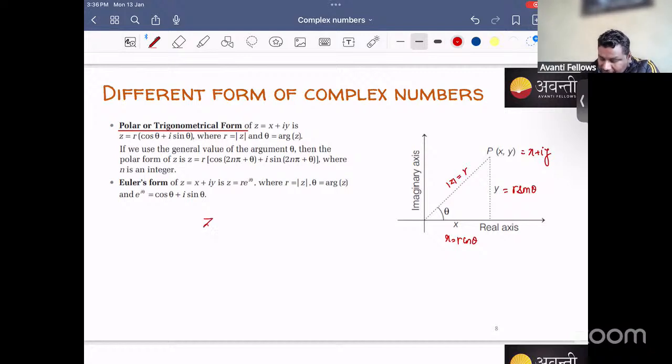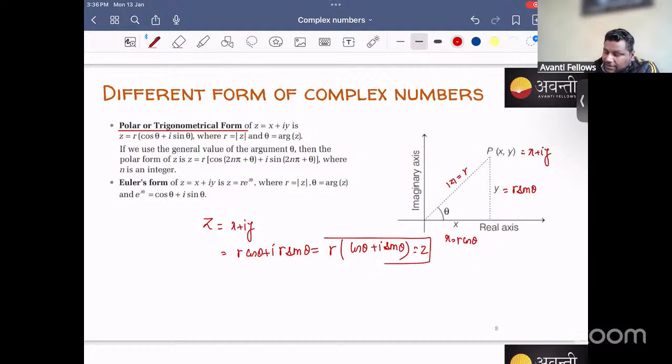So this z, that is x plus iota y, will be r cos theta plus iota times r sin theta. If I take r common, it will be r times cos theta plus iota sin theta. This is what we call the trigonometric form or polar form of a complex number.